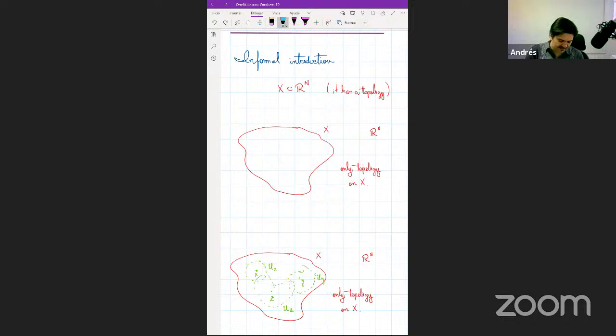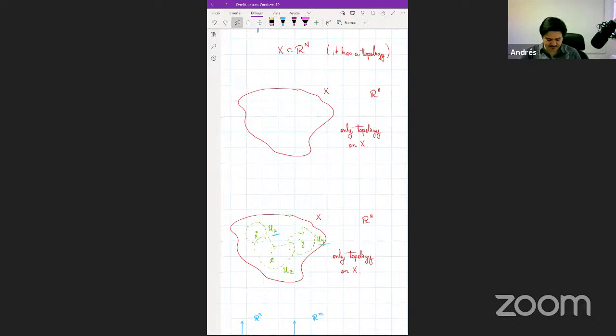So here, I have a point X and a neighborhood of X that I call U of X. I have another point Y, and I have a neighborhood called U of Y, and so on. So I have the concept of an open neighborhood. It's any open set containing that point.